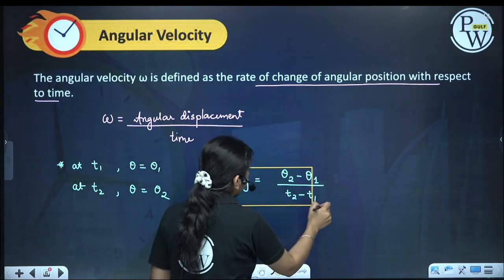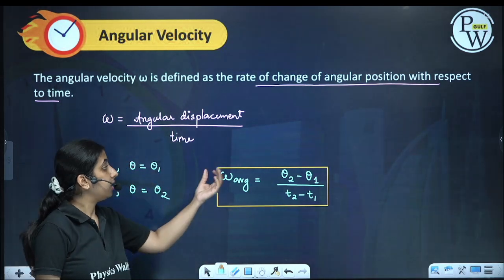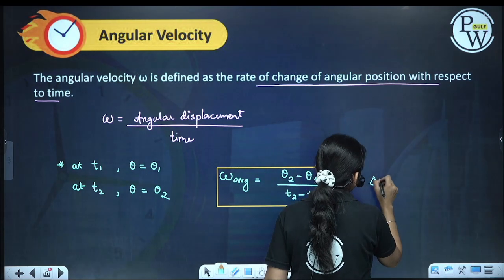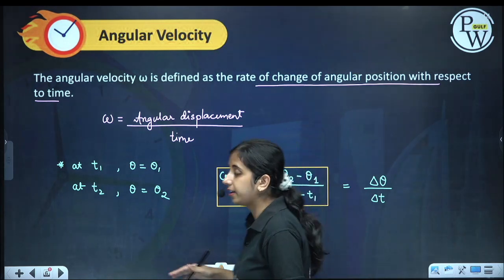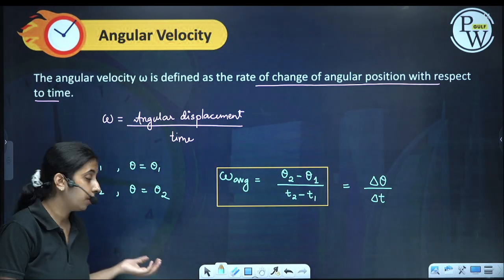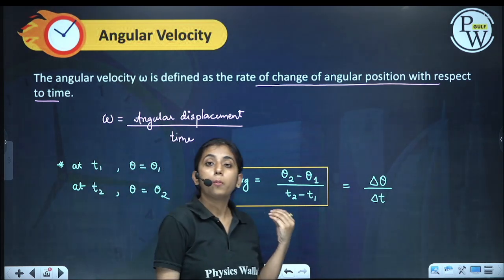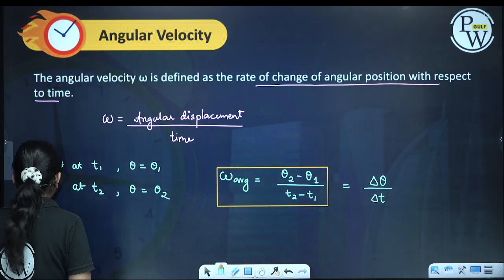Omega average will be equal to delta theta by delta t. This will be equal to change in angular position by time taken. If at t1 my angular position was theta 1 and at t2 the angular position is theta 2, what will be omega? Theta 2 minus theta 1 divided by t2 minus t1.